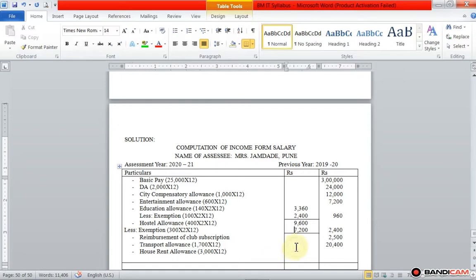So here we get the amount, that is 36,000, the amount received as HRA.